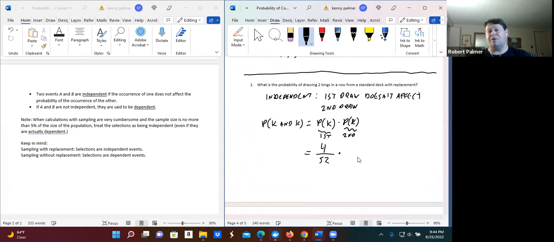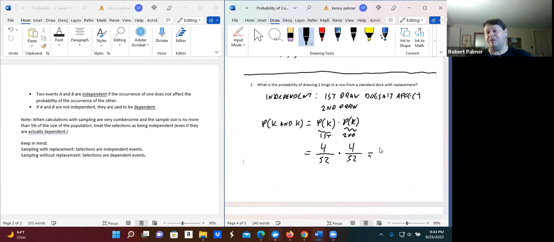Now, that's the first draw. Now, the second draw, saying I draw a king on the first draw and a king on the second draw, what's the probability of that? Well, since these are independent, and it's as if the first draw never happened, and the second draw is just like the first draw, there's still 52 cards in the deck, and out of those 52, 4 are still kings.